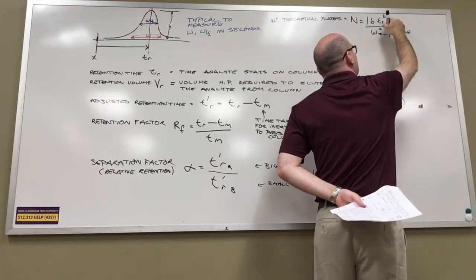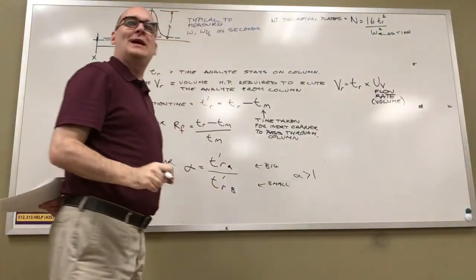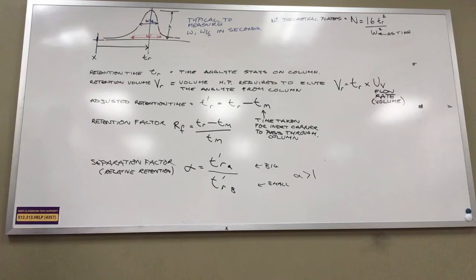Because I'm doing time versus time, if I measure my width as time, I have a dimensionless quantity for theoretical plates, which means it's a number I can use for more than one application. I can use this for fractionating columns, straight columns, and packed columns.